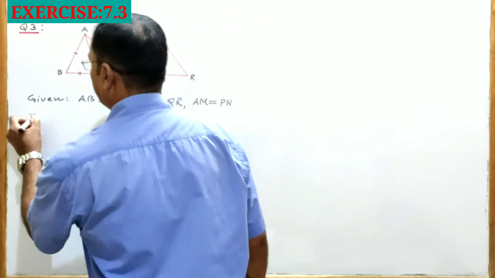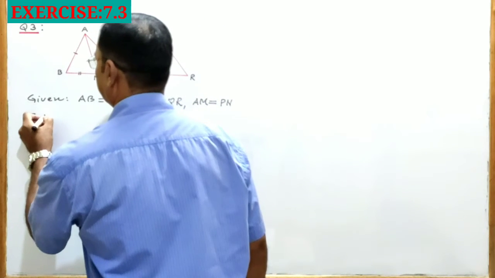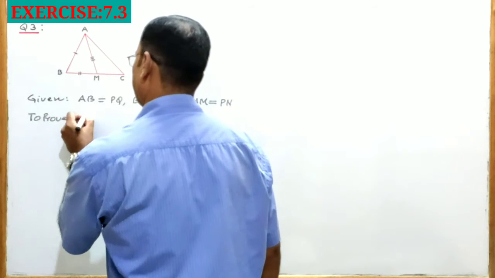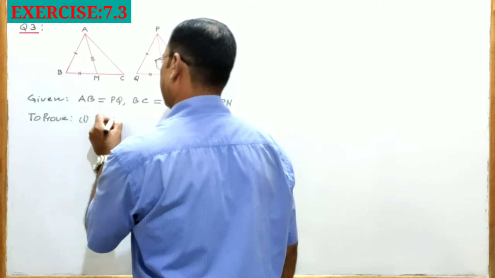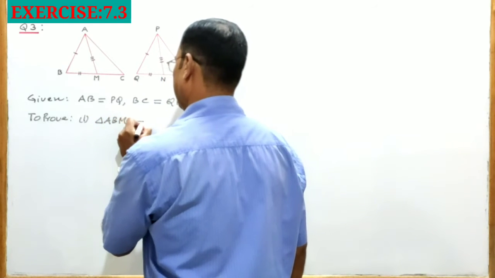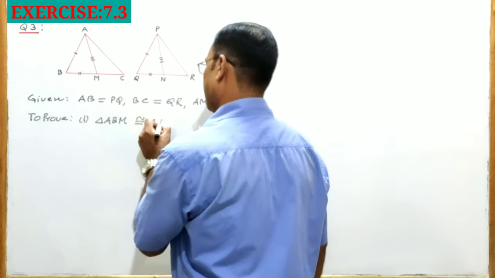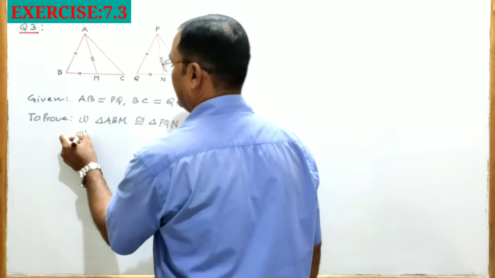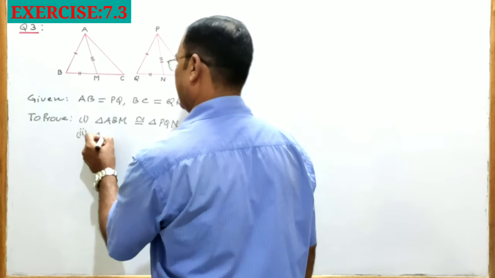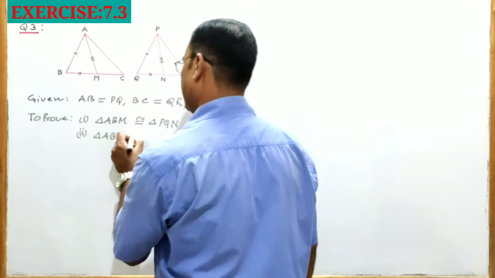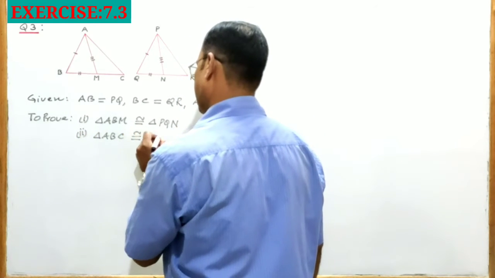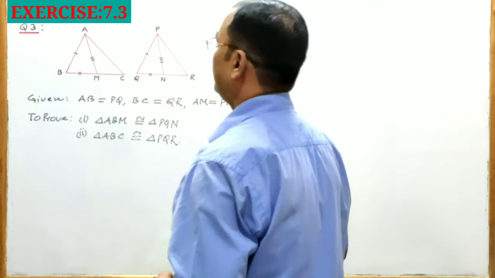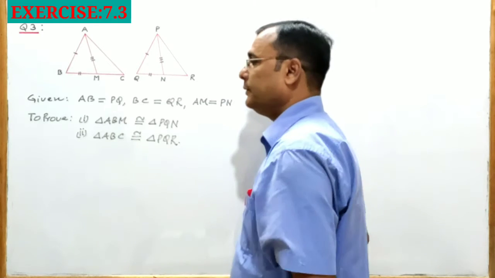We have to prove that triangle ABM is congruent to triangle PQN, and we have to prove that triangle ABC is congruent to triangle PQR. Let's prove this question.